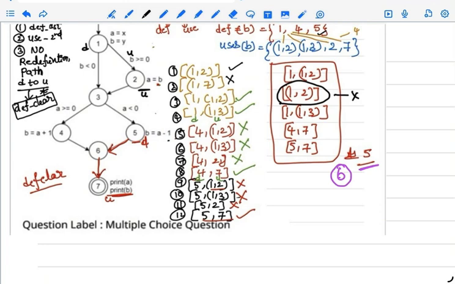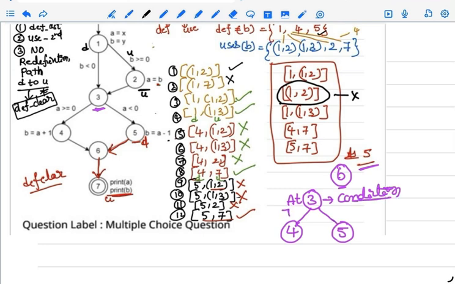How am I thinking the answer is 6? Another path is at node 3. At node 3 there are 2 nodes, 4 and 5. It is a condition at node 3, so the condition is either true or false.